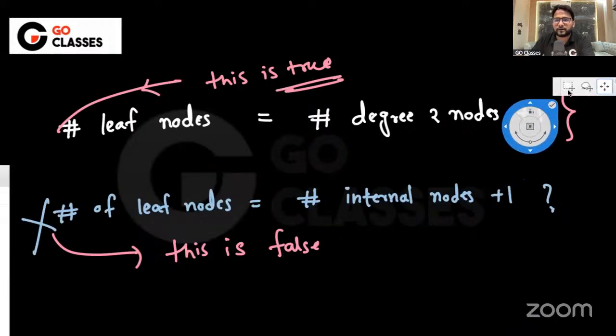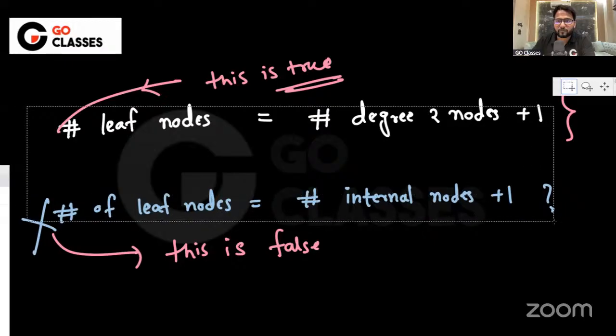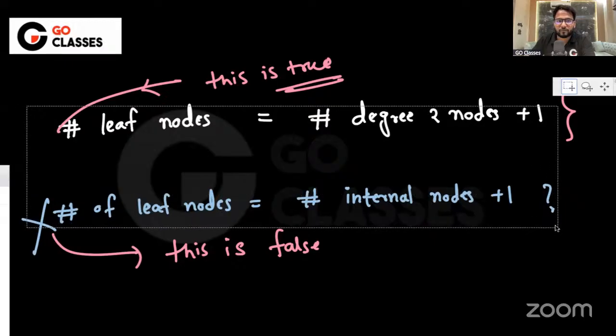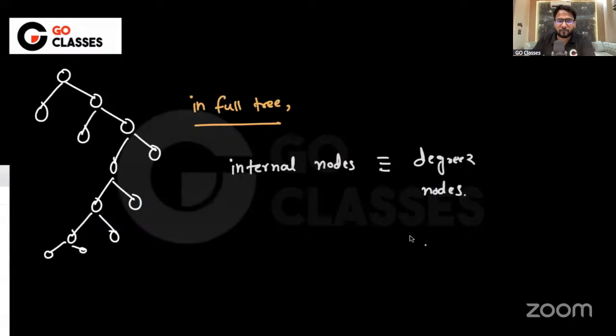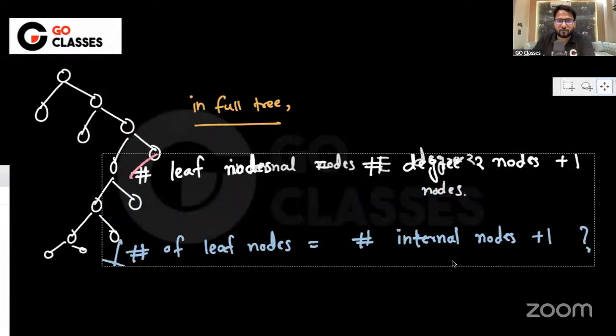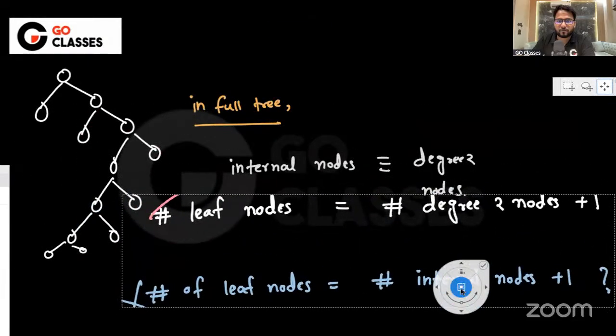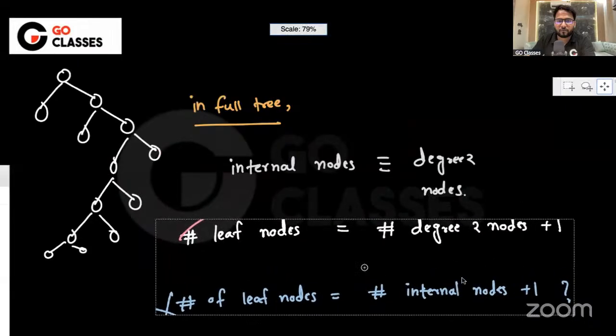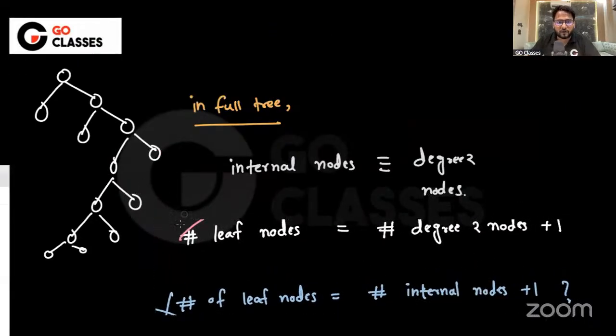Let me write this there. The above line is anyway true for every tree. But the below line, is this true for the full tree?